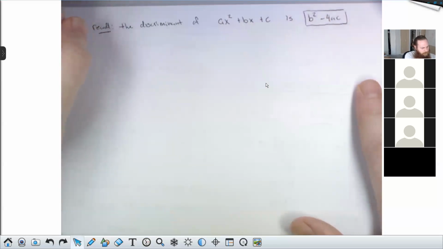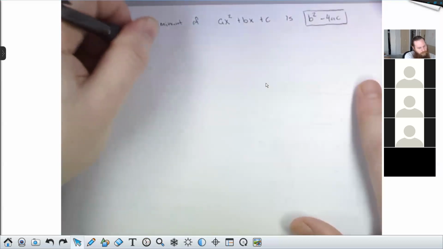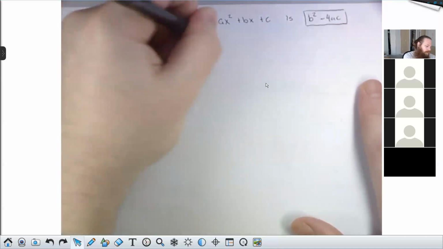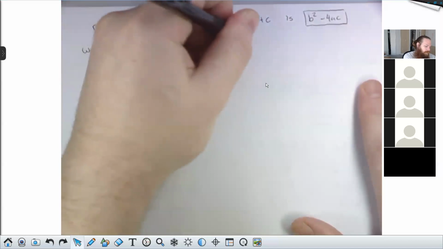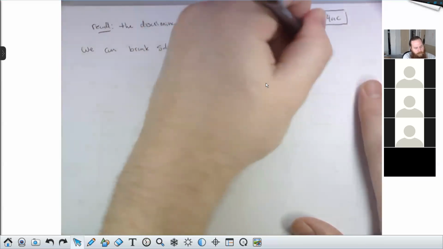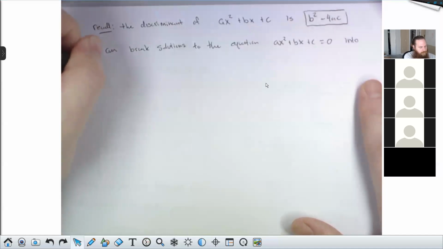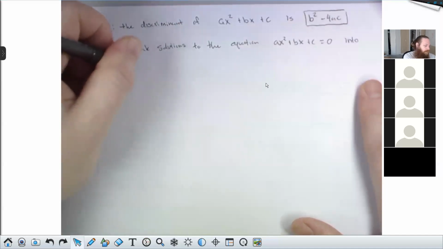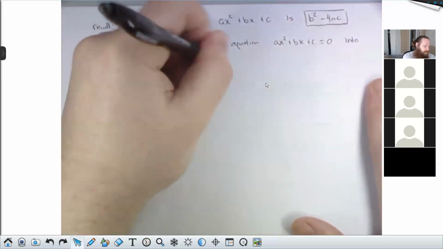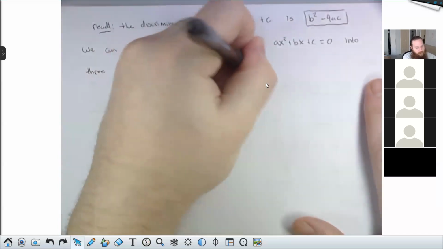We can break the solutions to the equation ax squared plus bx plus c equals 0 into 3 cases, based on the sign, I mean positive or negative, of the discriminant.